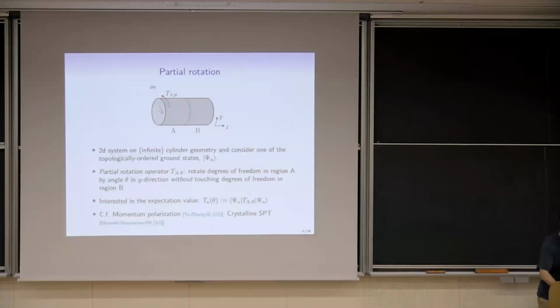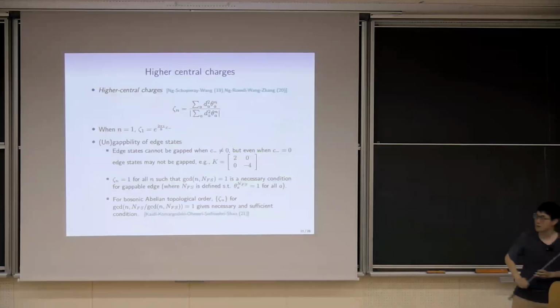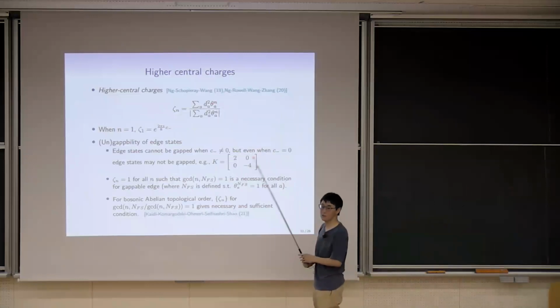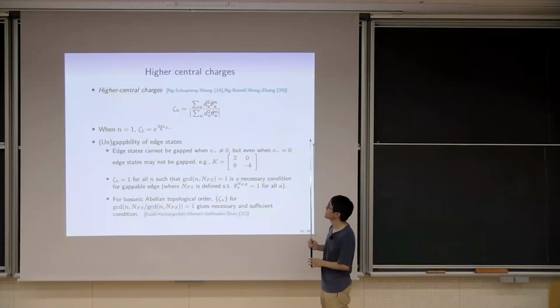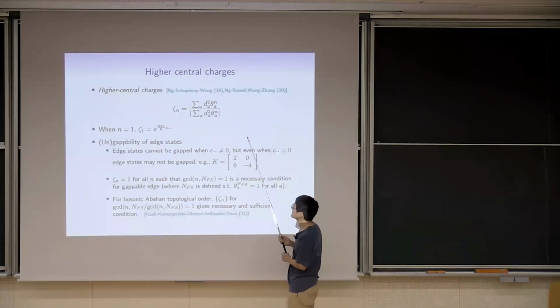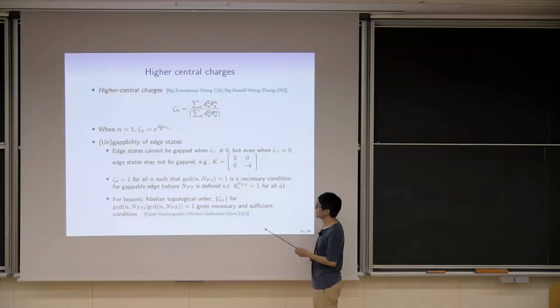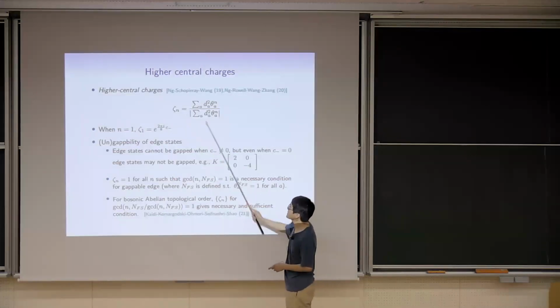So I think that's the motivation to call this quantity a higher central charge, since we have an additional power here. This was introduced in this paper, but the interesting physical application was really stated in this physics paper. So this quantity may be useful.